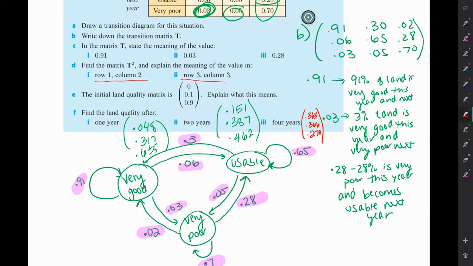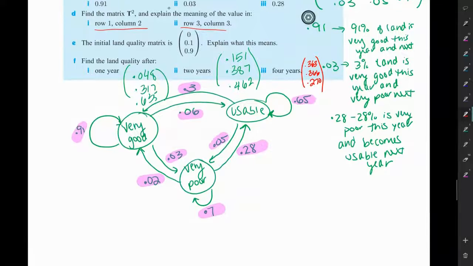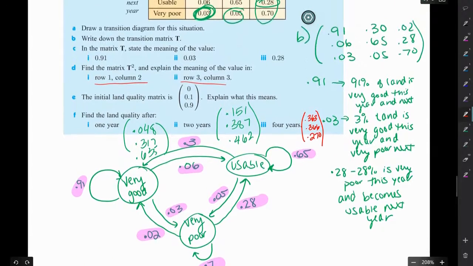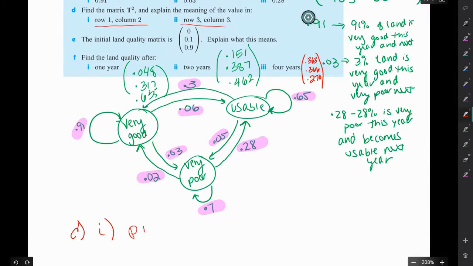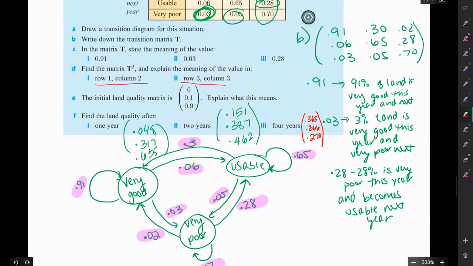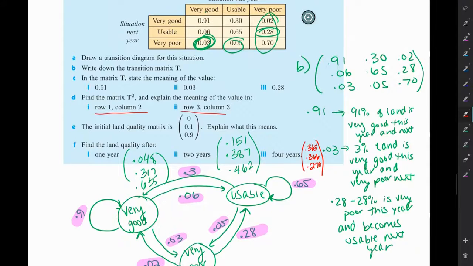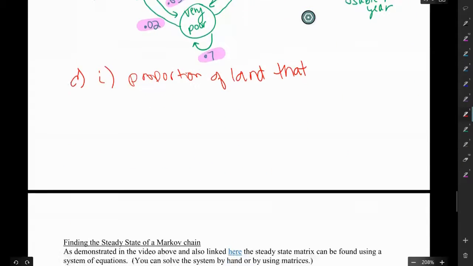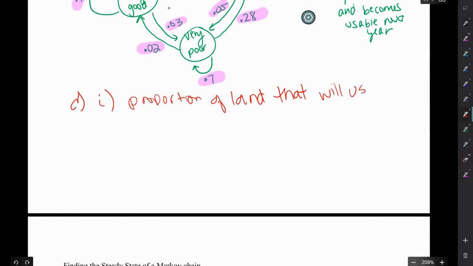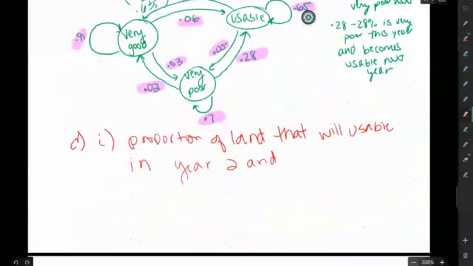So the meaning of those values: row 1, column 2 was the proportion of land that was usable in year 2 and very good in year 3.